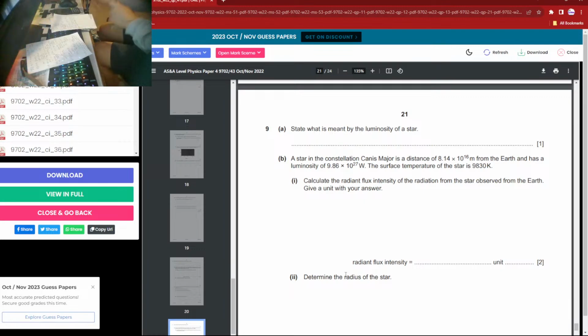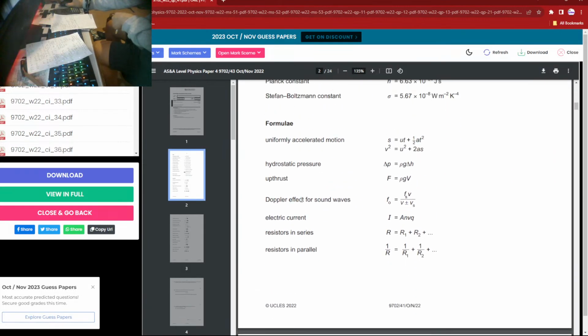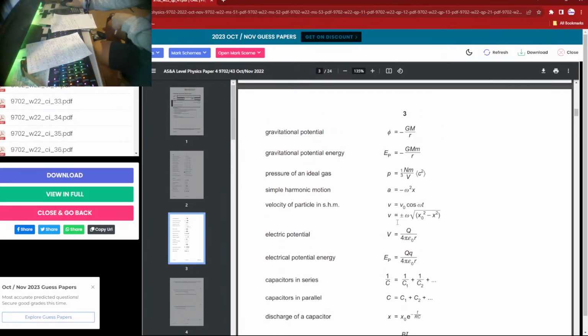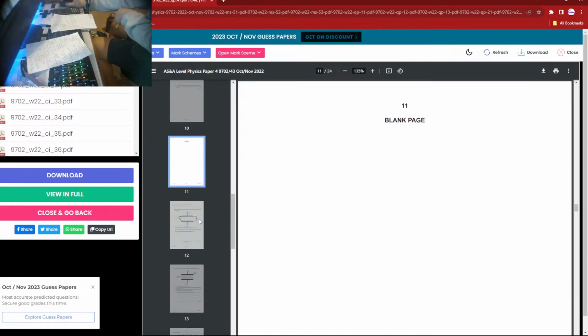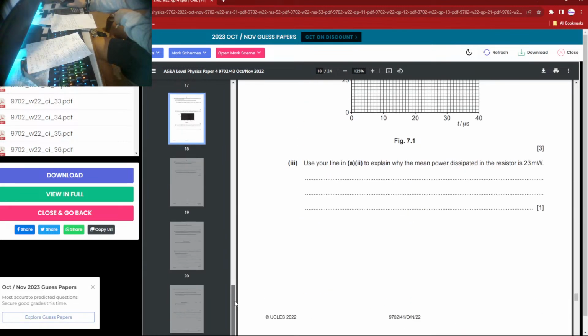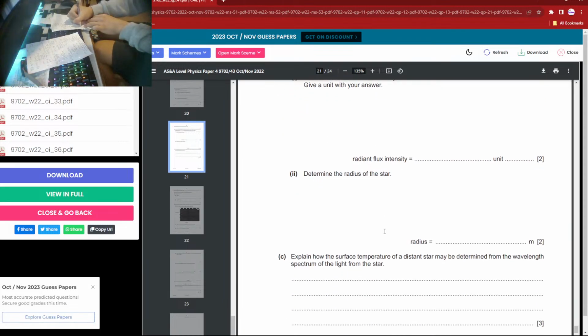So calculate the radiant flux intensity of the radiation from the star observed from the Earth. So radiant flux intensity is F is equal to L, luminosity, over 4 pi d squared. Therefore, F is equal to L over 4 pi d squared.